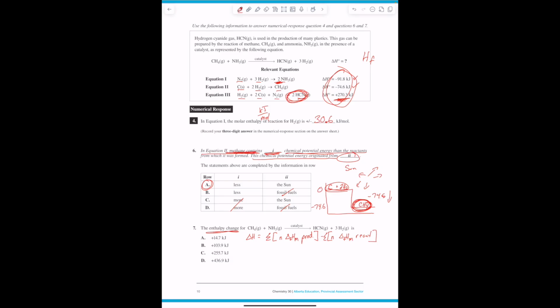All right. So if I have that, I've got to deal with my products first. So let's go do HCN. HCN, here, let me clean this up.